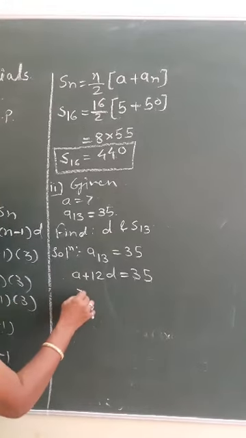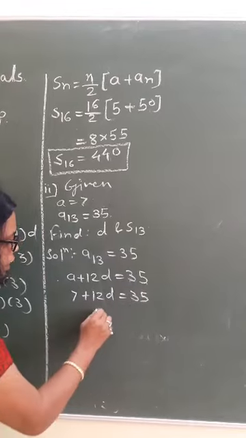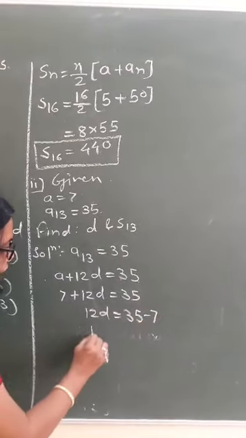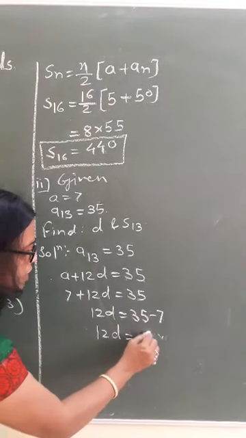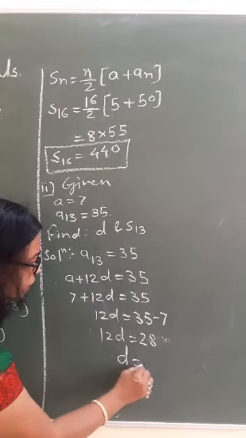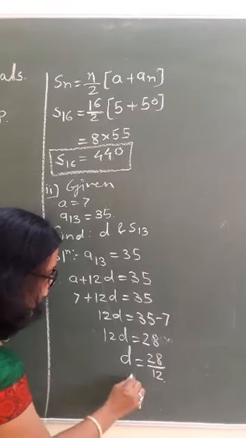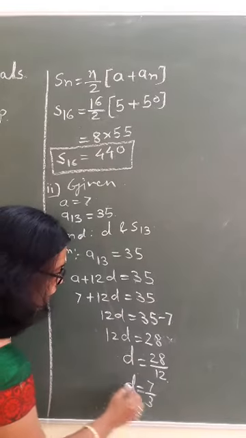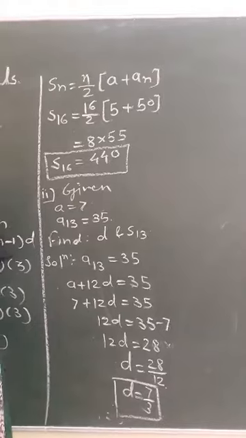The value of a given is 7, plus 12d, which is equal to 35. 12d is equal to 35 minus 7, which is 28. So the value of d is equal to 28 by 12, which is 7 by 3.